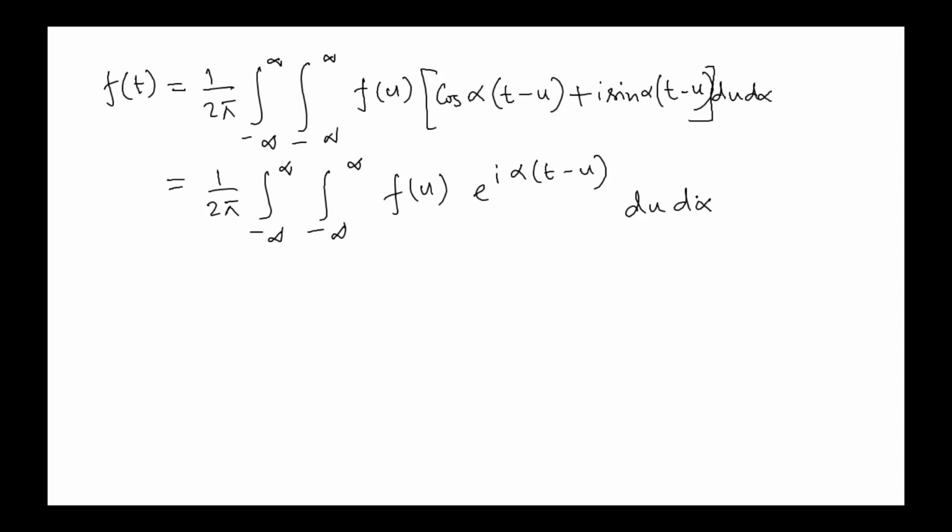So we can write this as 1 by 2 pi integration from minus infinity to infinity e to the power i alpha t d alpha, integration from minus infinity to infinity e to the power minus i alpha u du.